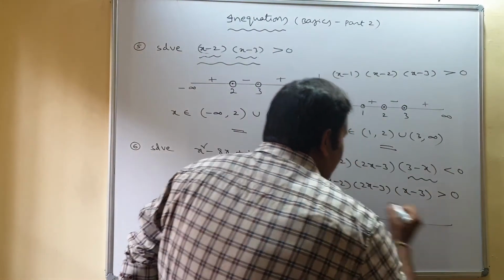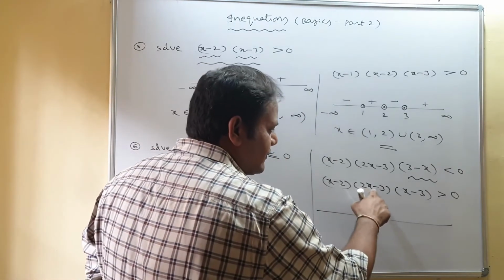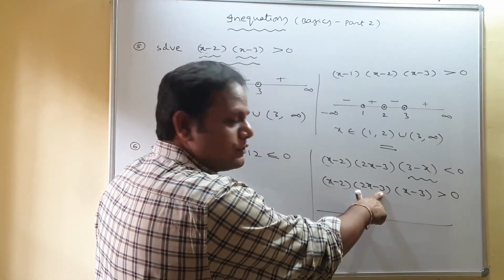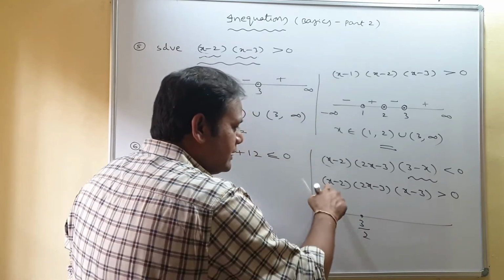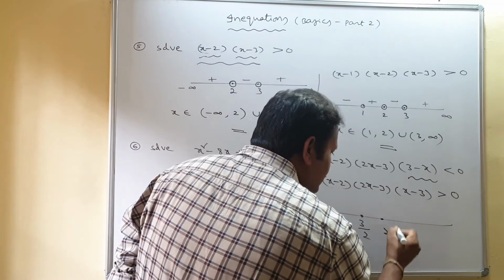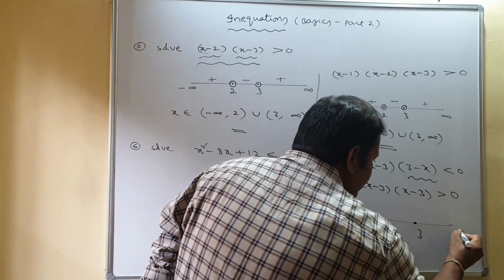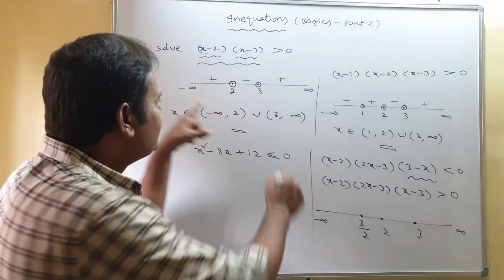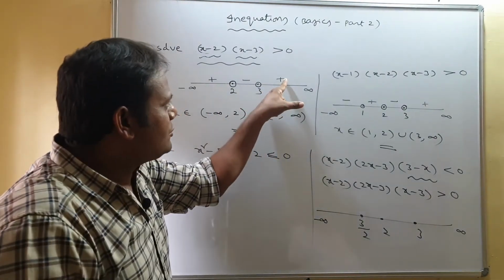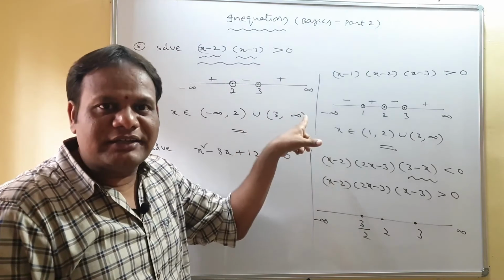So what are the values? x value 3 by 2, it is 1.5, so first we write 3 by 2. Next x value 2, next x value 3, and infinity and minus infinity. Is it clear? See, in this question, how did I write the positive sign? I explained that.